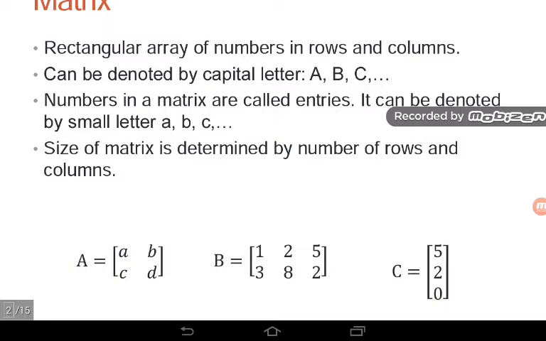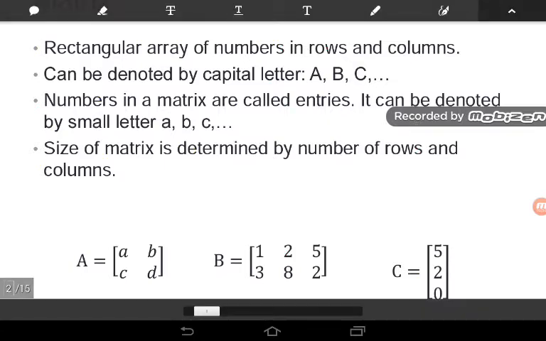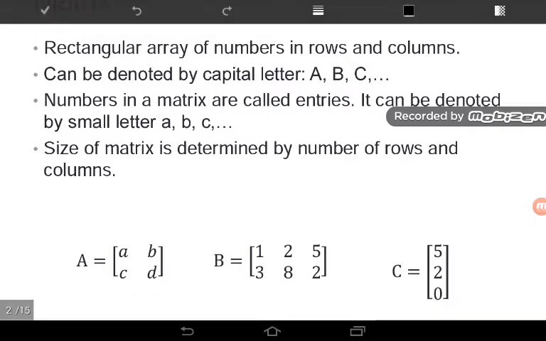A matrix can be denoted by a capital letter A, B, C, and so on. The numbers in a matrix are called entries, sometimes called elements.